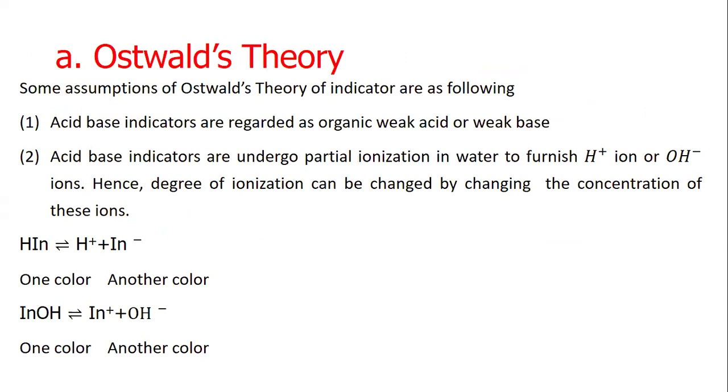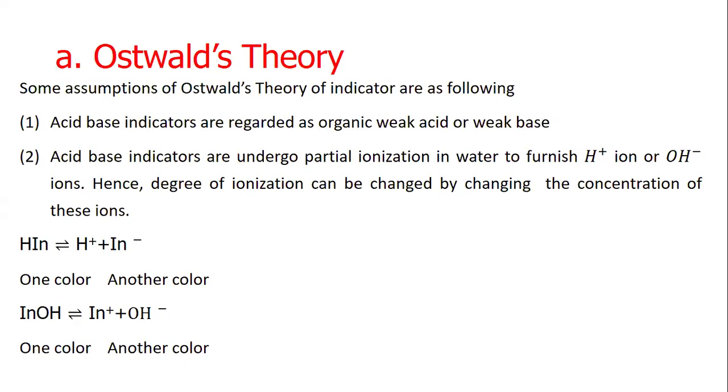Ostwald theory. Some assumptions of Ostwald theory of indicators are as follows. Acid-base indicators are regarded as organic weak acids or weak bases. They undergo partial ionization in water to furnish H plus ions or hydroxide ions.